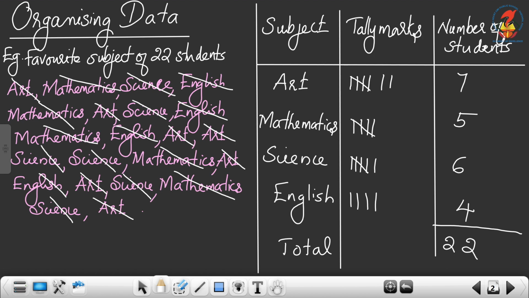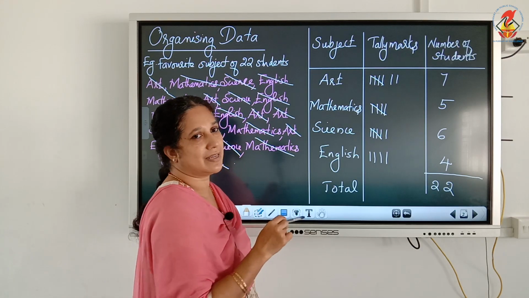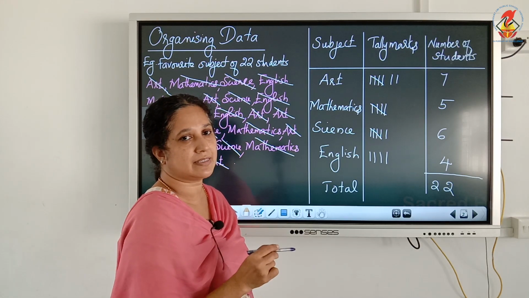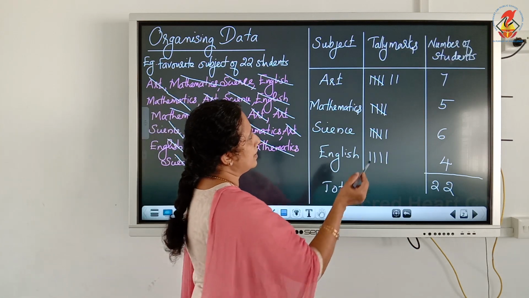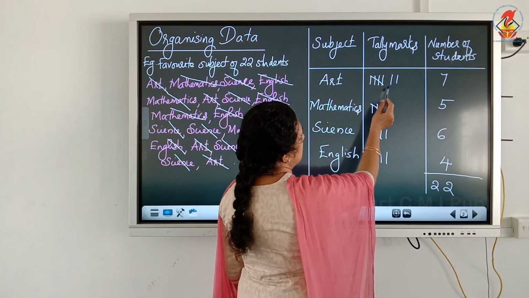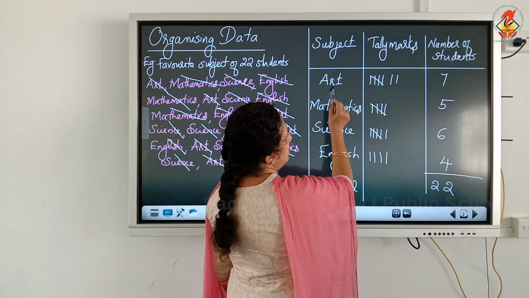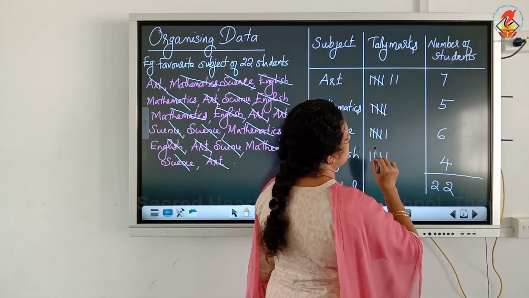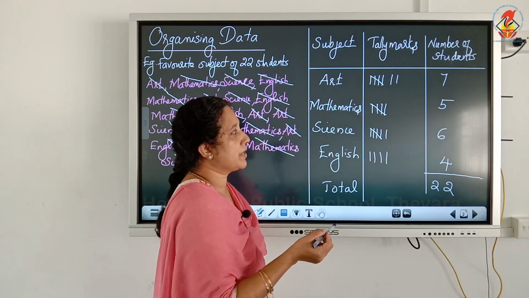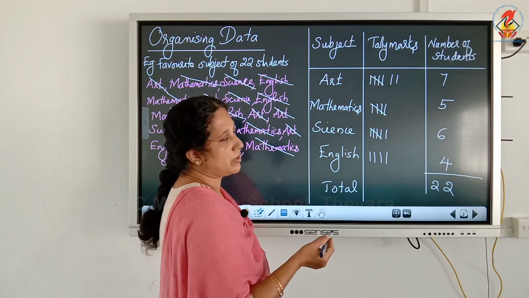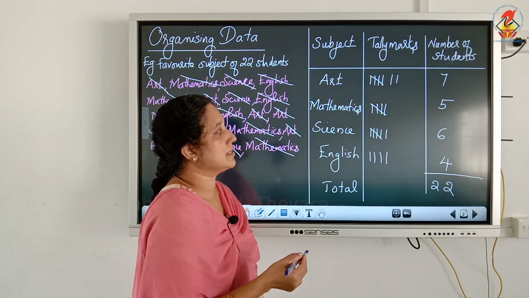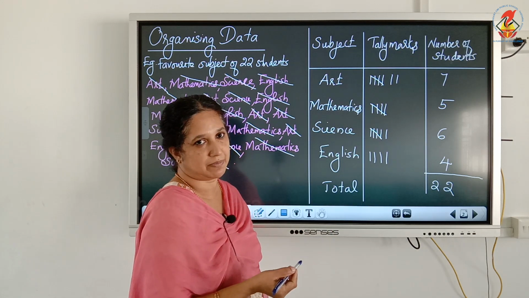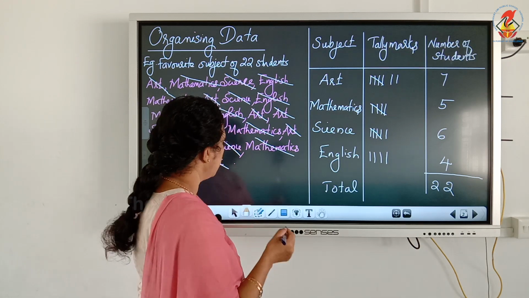Now look at that, the number of tally marks before each subject gives the number of students who like that particular subject. And this total number of students is the frequency of that subject.